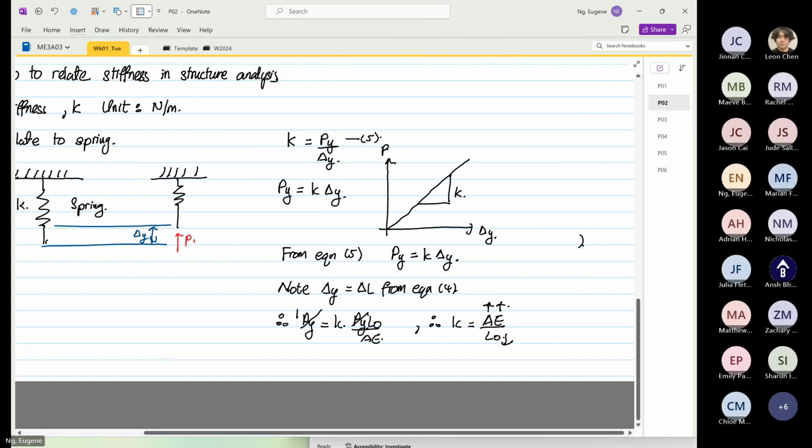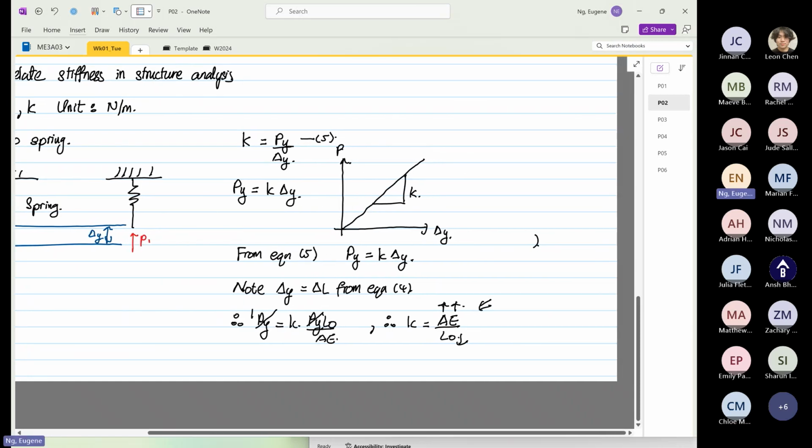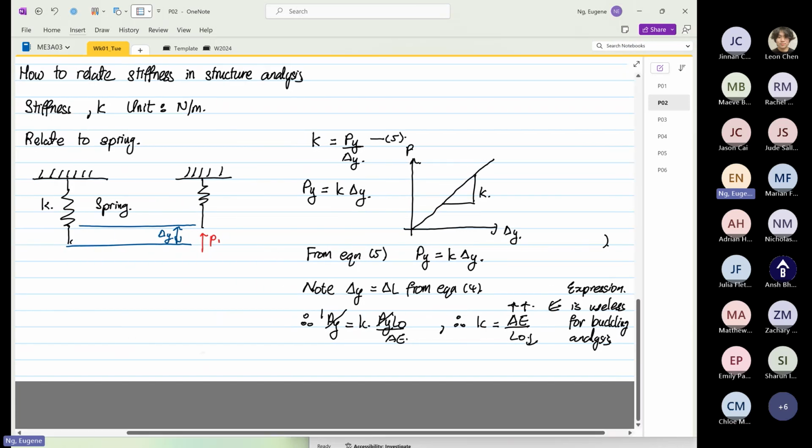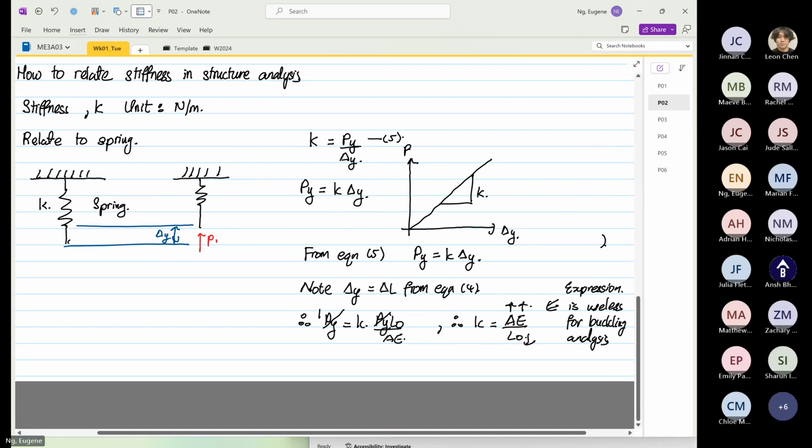However, this expression is useless for buckling analysis. Why is it useless?